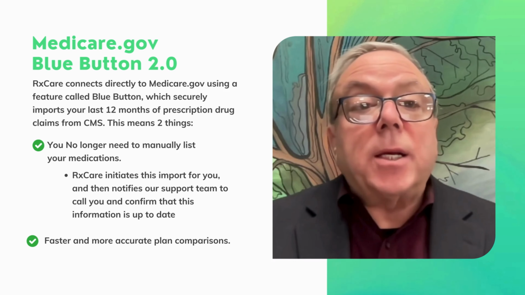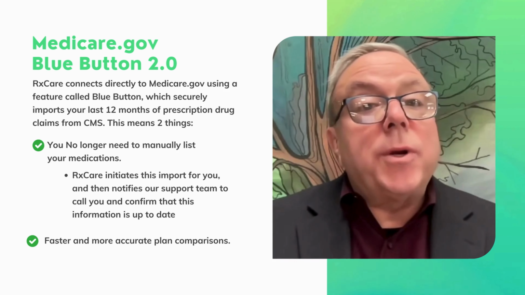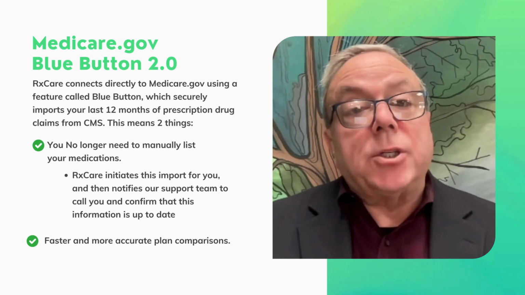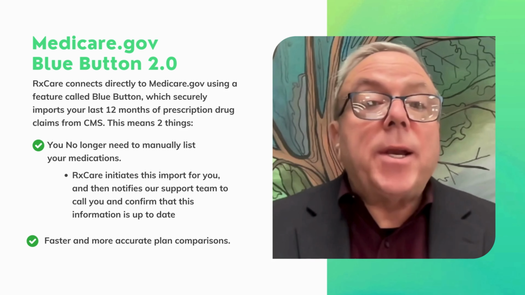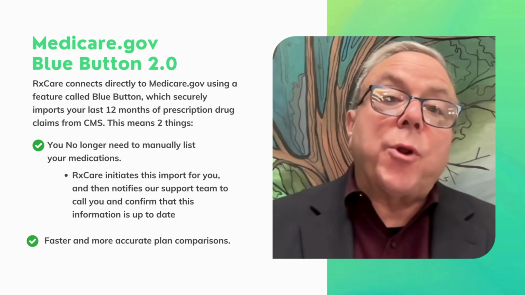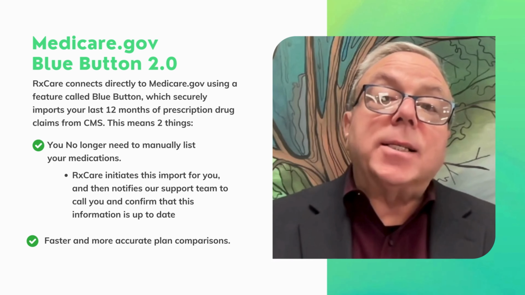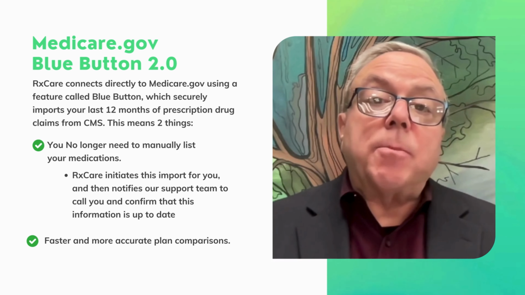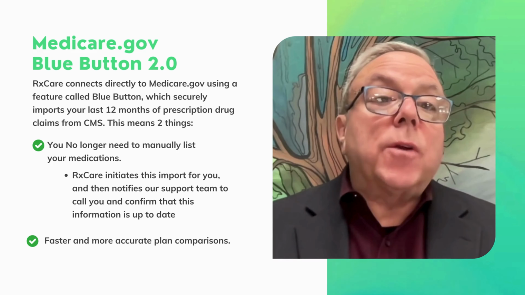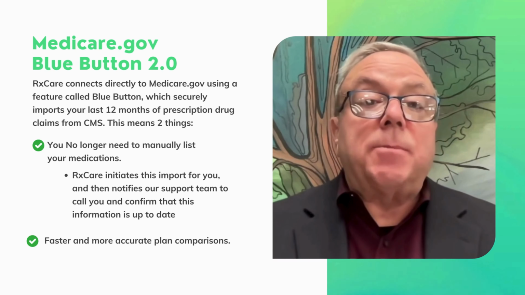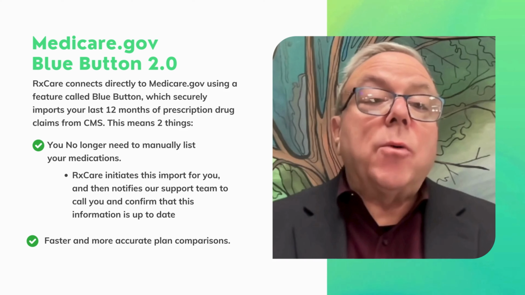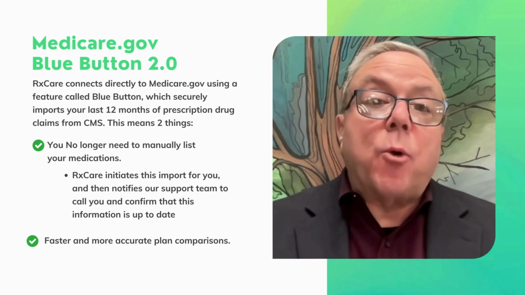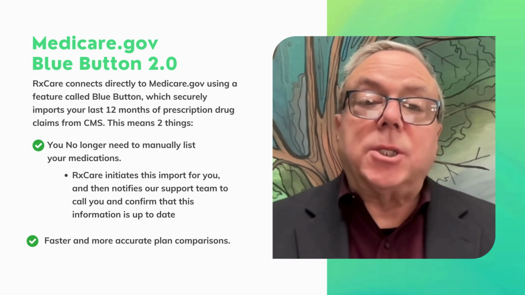This means two things. You no longer need to manually list your medications. RxCare initiates this import for you and then notifies our Emerald Medicare support team to call you and confirm that this information is up to date. Also, it allows for faster and more accurate plan comparisons.